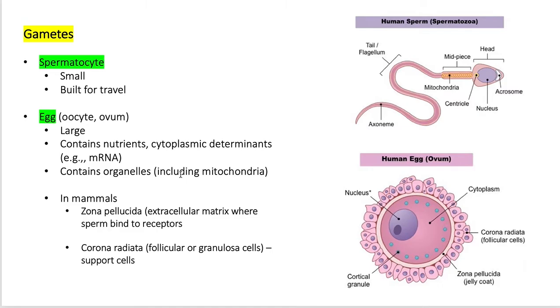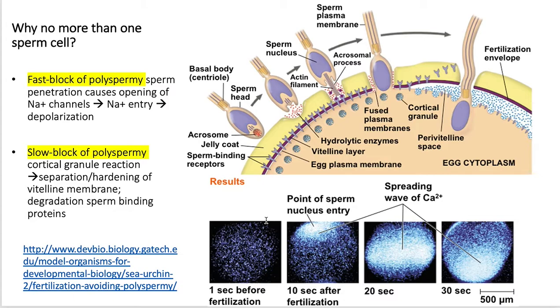The egg contains organelles. In mammals, there's also the zona pellucida, an extracellular matrix where sperm binds to receptors, and a collection of cells that support the gamete, the egg. One of the big questions that happens during fertilization is why only one sperm cell makes it into the egg.